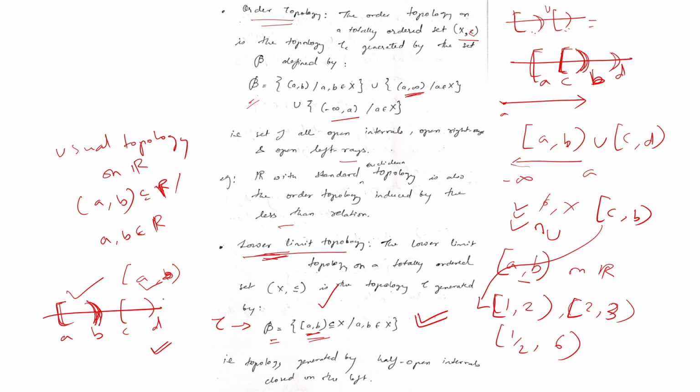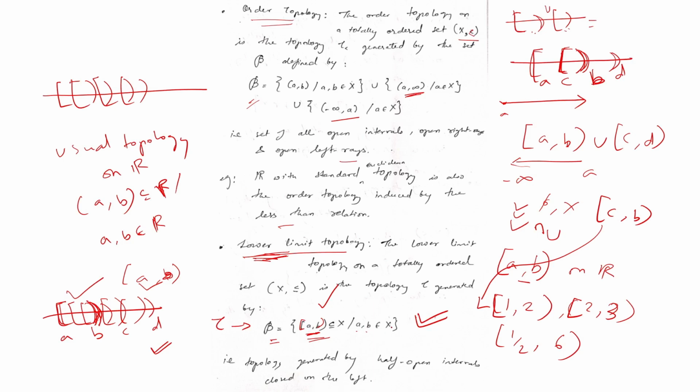But if you are talking about a lower limit topology, it is just a notation that the set will look like this, but you will have lots of such kind of sets, in this fashion. If you are taking the real line, this kind of sets will be infinite, right? It is a topology.